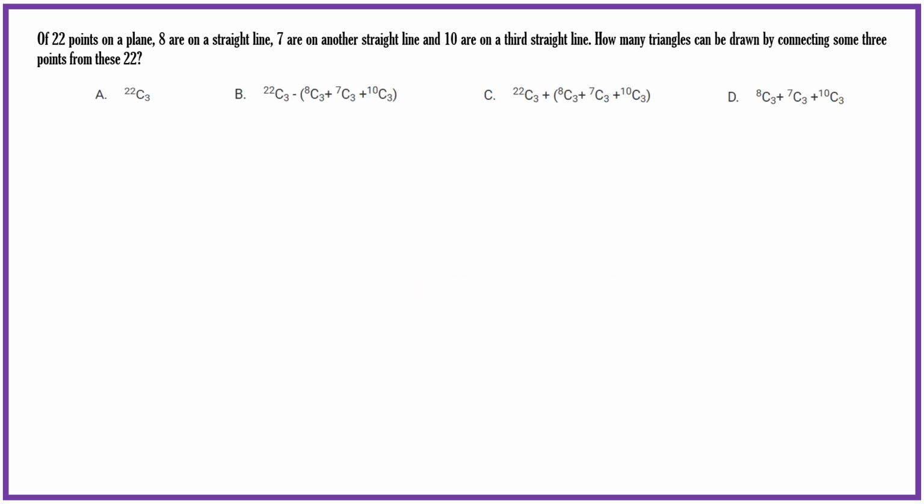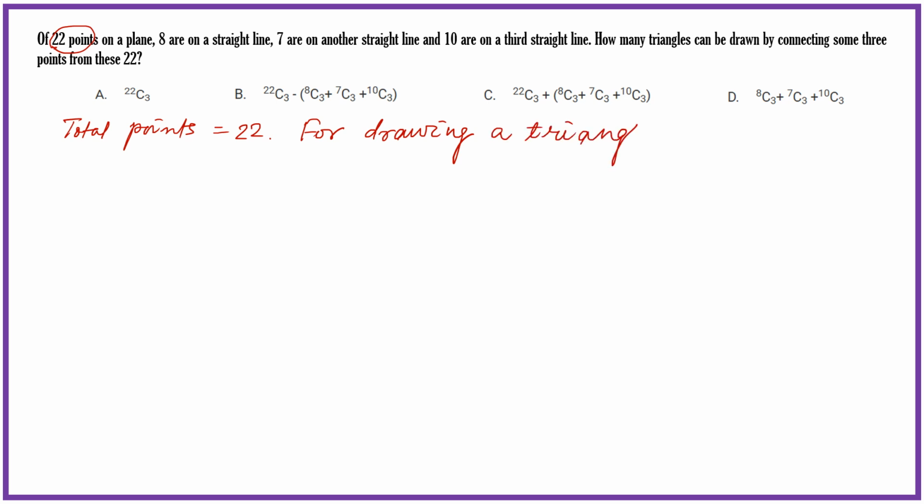Okay, so how many points are there? 22 points are there. And to draw a triangle, how many points are needed? It is 3. So total points are 22, and for drawing a triangle, we need to join 3 points.